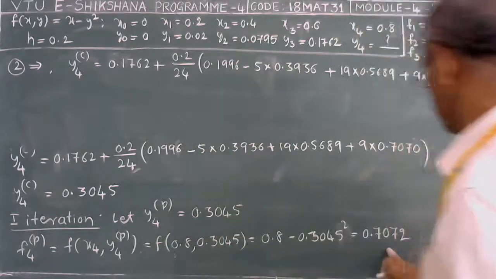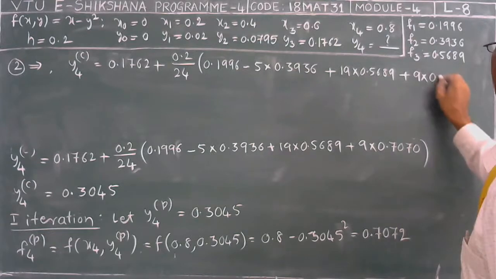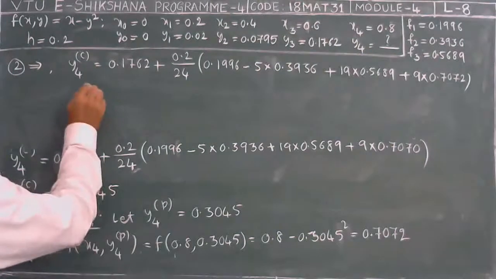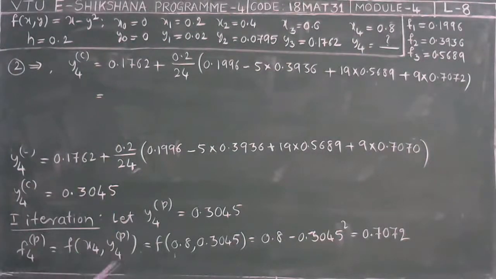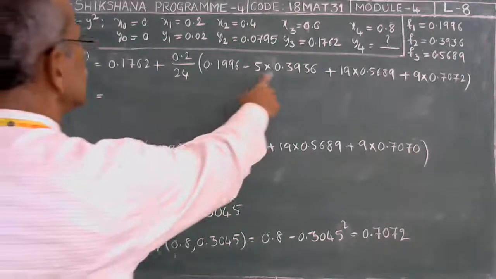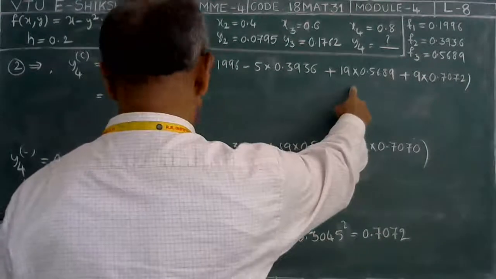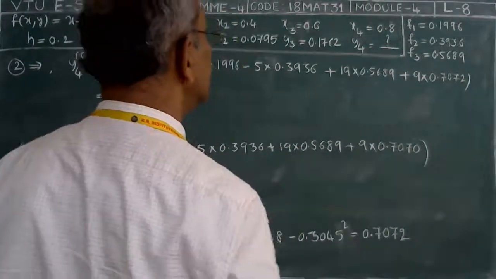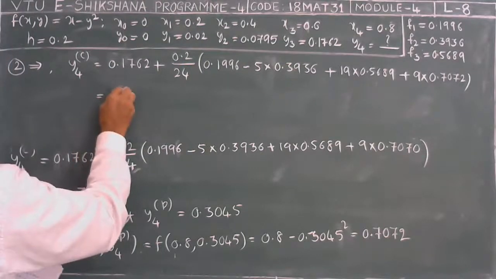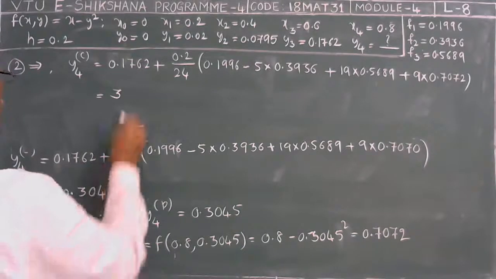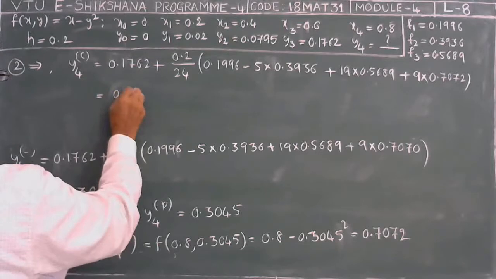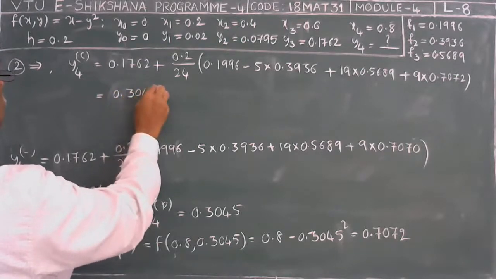So my F4P is 0.7072. So using calculator, if you compute carefully, you get y4c is equal to 0.3045.